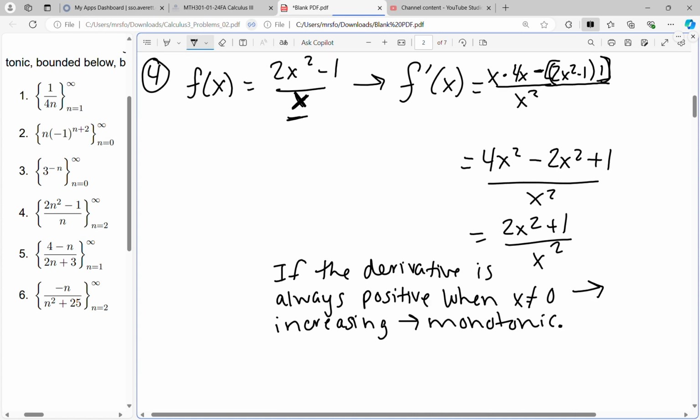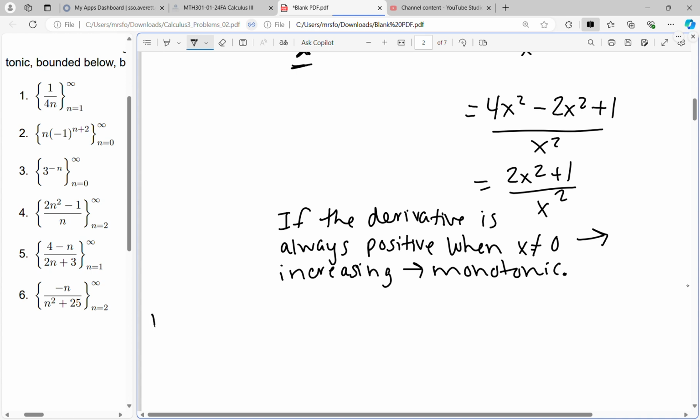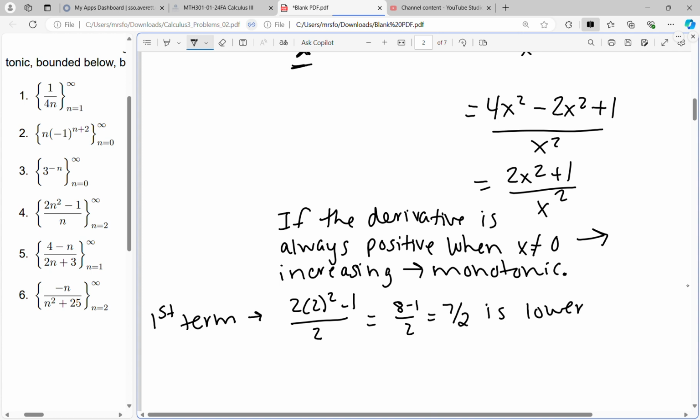The n is 2, so our first term would be 2 times 2 squared minus 1, divided by 2. That becomes 8 minus 1 over 2, which is 7/2. So it's increasing, so that 7/2 is the lower bound, because that's the first term.